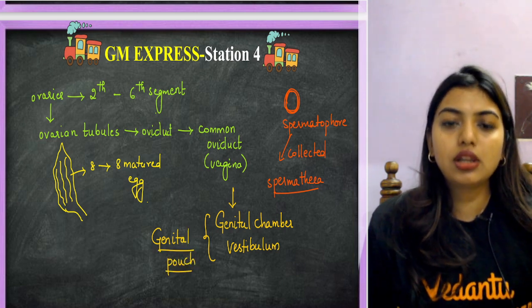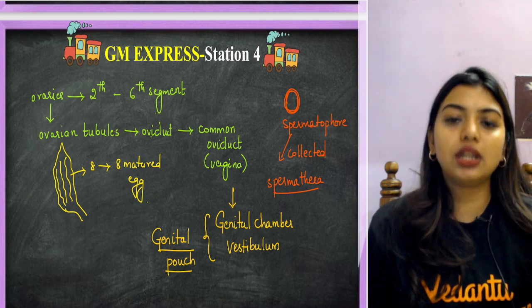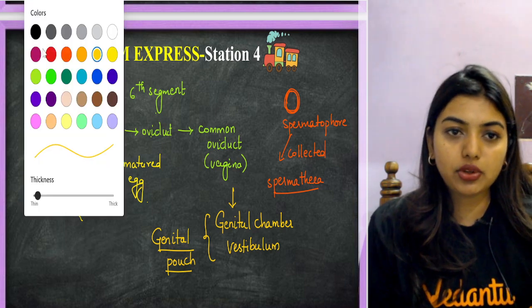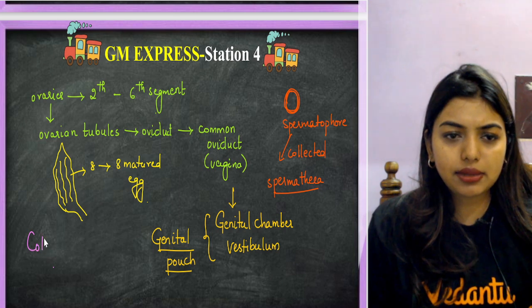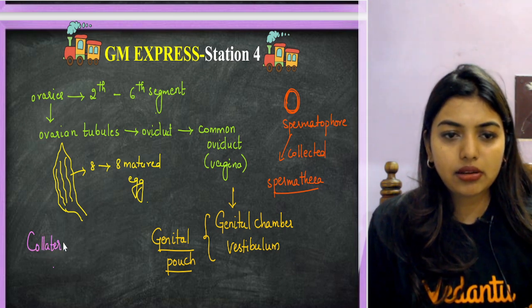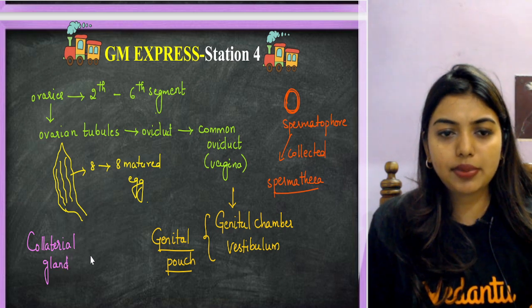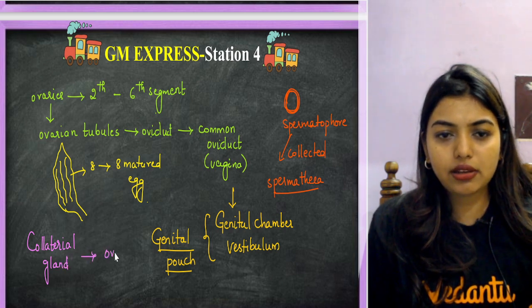Yes or no? Now students, collateral gland also you have to remember. It's not mentioned in NCERT, but sometimes you can't predict. The collateral gland will help in the coating or covering of the egg.